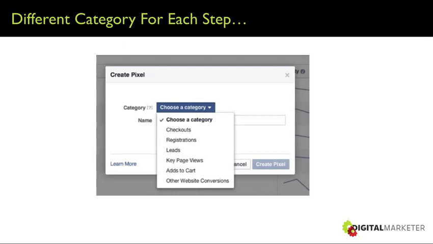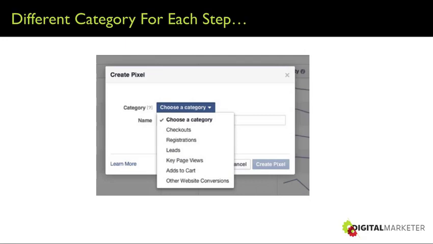Facebook just hasn't necessarily figured out how to track the multiple steps with one type of pixel. So we just need to select a different category for each pixel. Say we make pixel A key page view, and pixel B would be for leads, and pixel C would be for checkout, et cetera, et cetera.